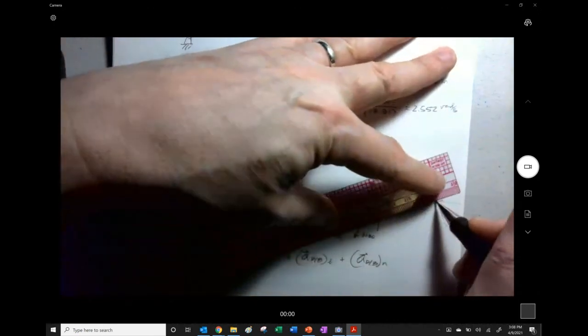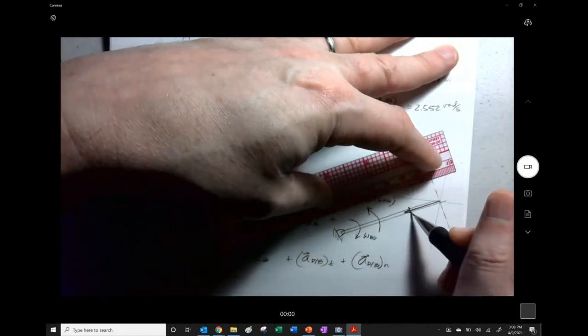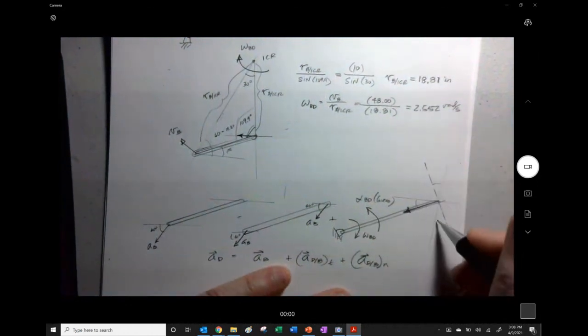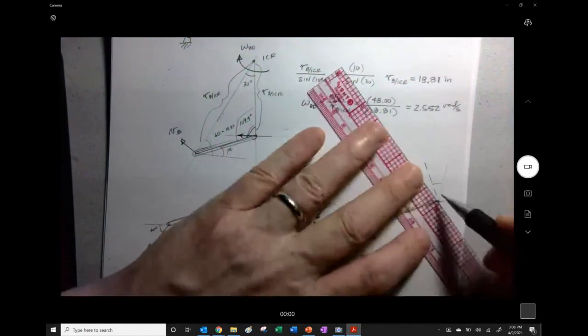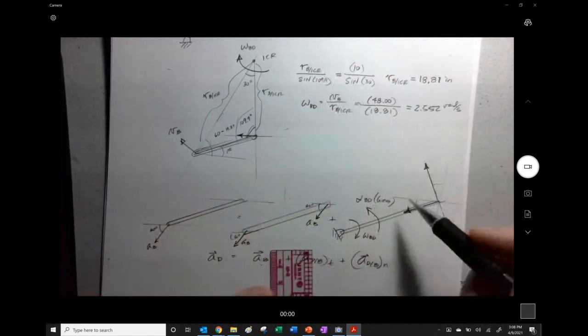We will be able to find out what this acceleration is, though, because we have that angular acceleration already, and these angles right here. I said I was going to guess this direction, so I'll draw this up here. This is the direction for the tangential.